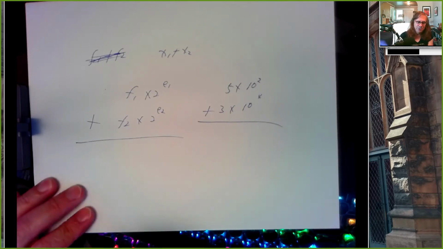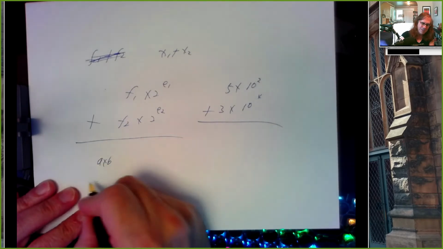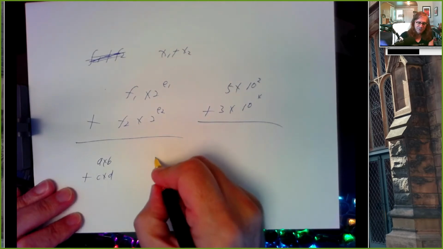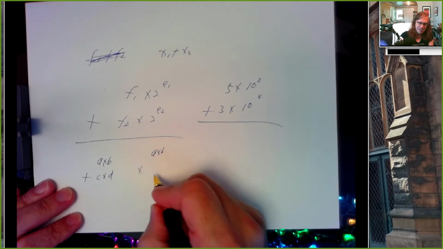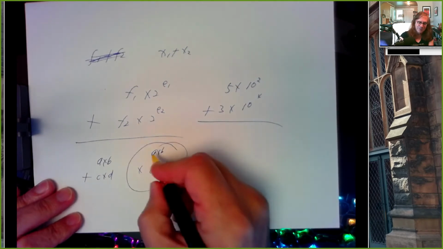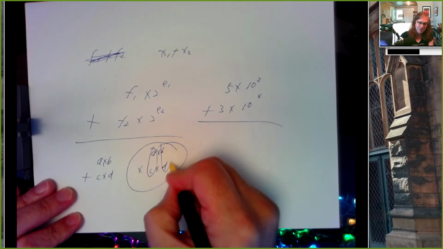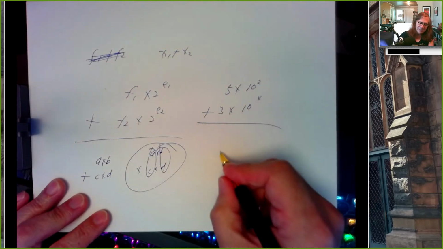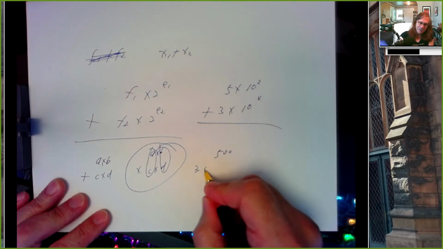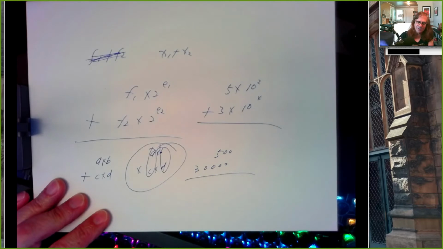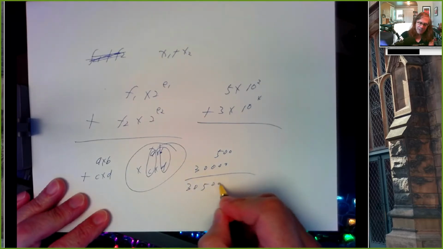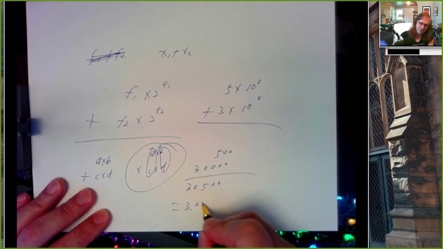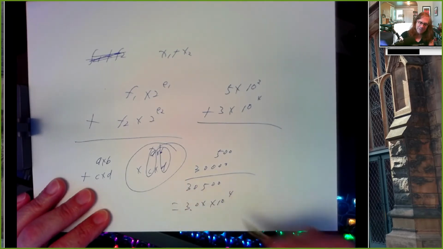We don't have a rule for a times b plus c times d. We do have a rule for a times b times c times d. We know that we can multiply in any order, so we can multiply those and multiply those. But for addition, we don't have a rule like that. And this is actually asking me to take 500 and 30,000 and add them together. And I should get 30,500, which is 3.05 times 10 to the 4th.